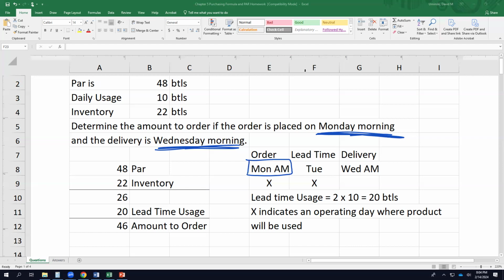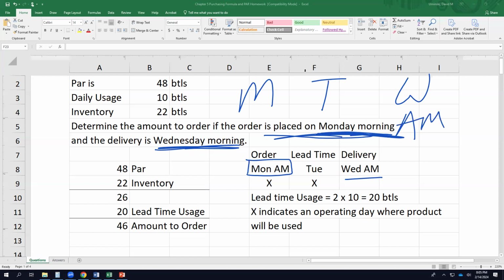So if the order is placed on Monday morning and my delivery is Wednesday morning, Monday, Tuesday, Wednesday, the product is going to get to me before I open for the day on Wednesday, which means it's already in that day's par.